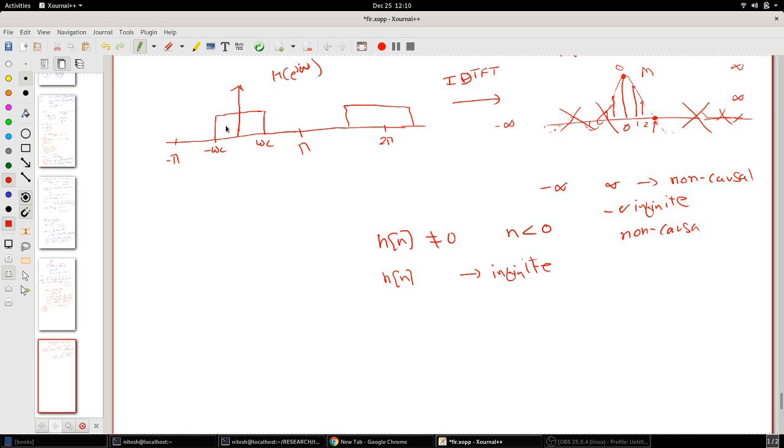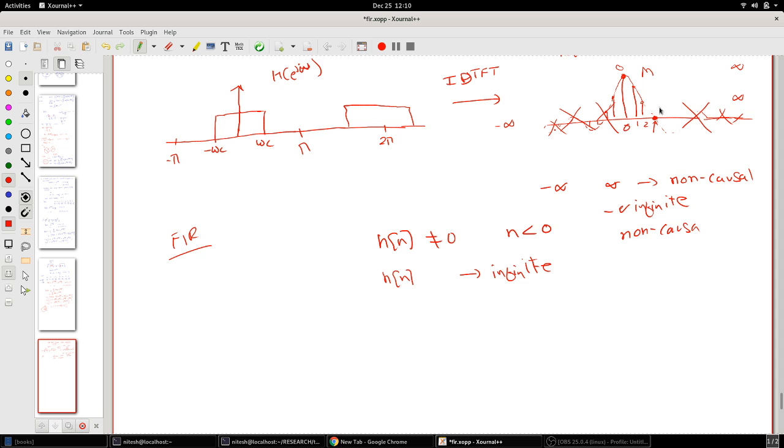You need an ideal filter first, but the IDTFT of that ideal frequency response is infinite and non-causal. We are dealing with FIR filters right now, so the first condition is that the length be finite, and the second is that it has to be a causal system. So we are going to forcibly make h of n for n less than 0 equal to 0, and we are going to truncate the sequence on the positive side too.